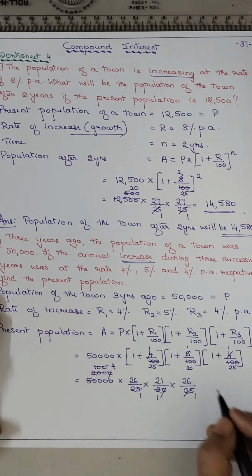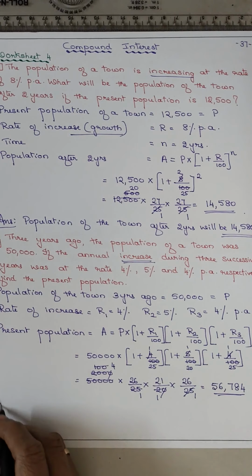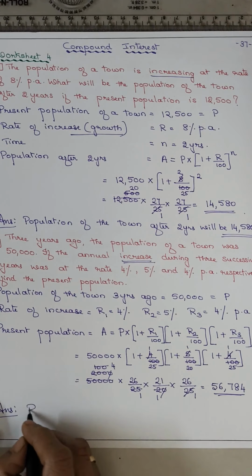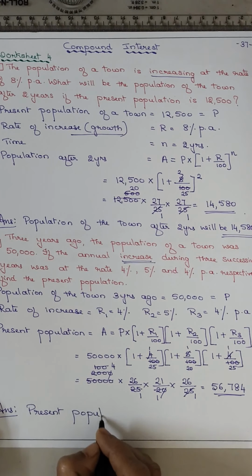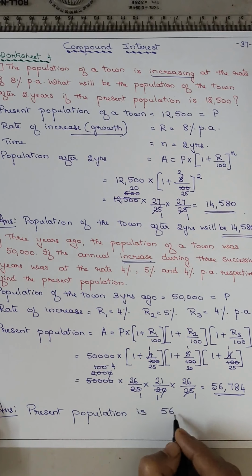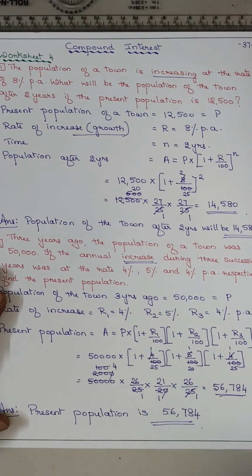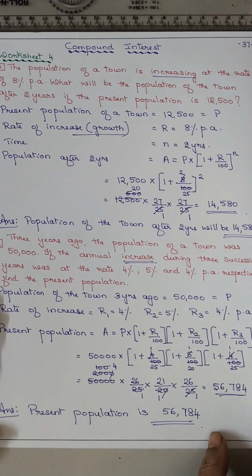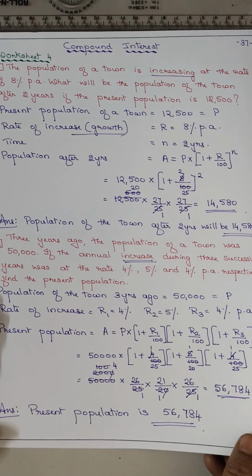So it comes up to 56,784. 56,784 answer. Present population is 56,784. That was question number 2. Hope you are confident of the sum.